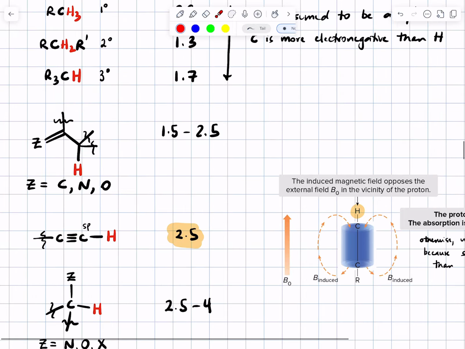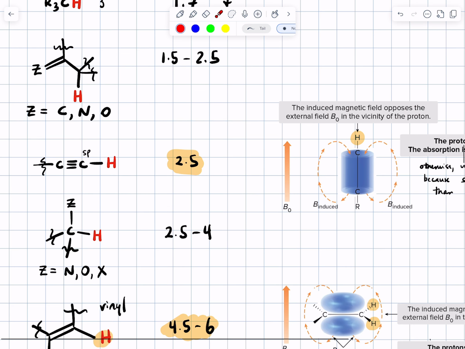A proton on an alkyne will show up at around 2.5. That doesn't seem weird to you now. It will in just a second, and I will explain why it shows up here. Protons that are 2 bonds away or adjacent to electronegative heteroatoms show up around 4 ppm, 3 to 4 ppm.